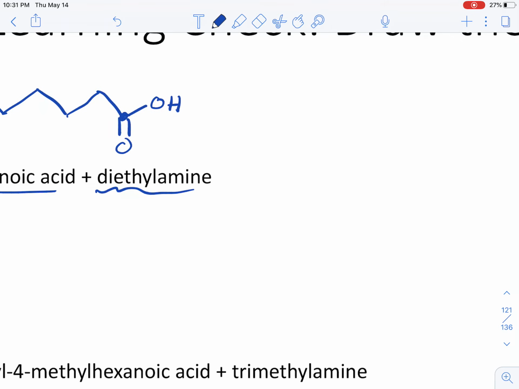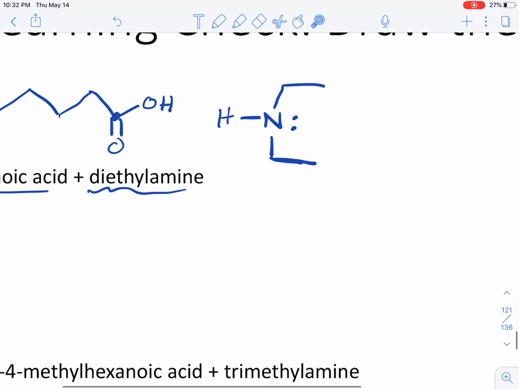For diethylamine, we have nitrogen with 2 ethyls. To make sure that the nitrogen has a full octet, there's a lone pair present and at least 1 hydrogen. Overall, this is a secondary amine.